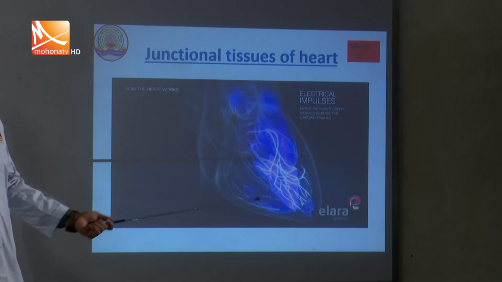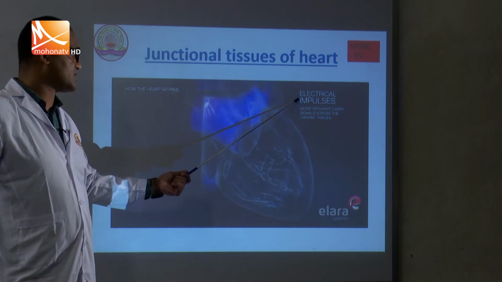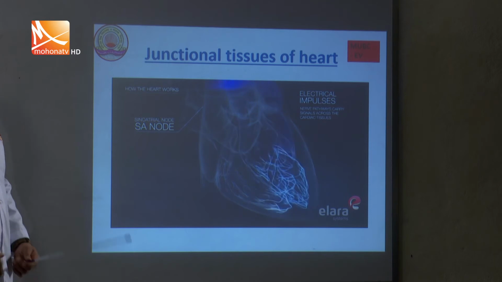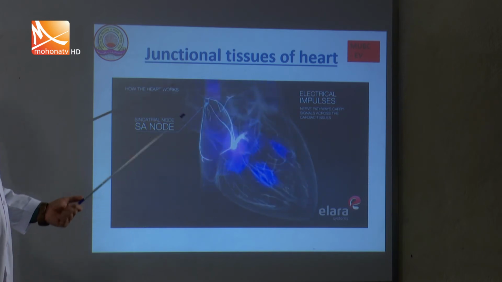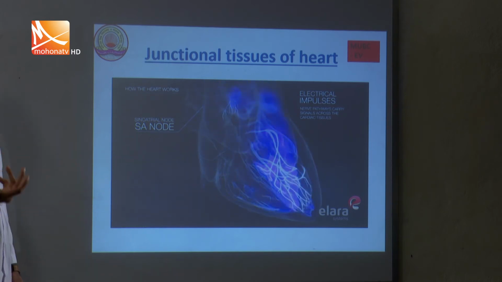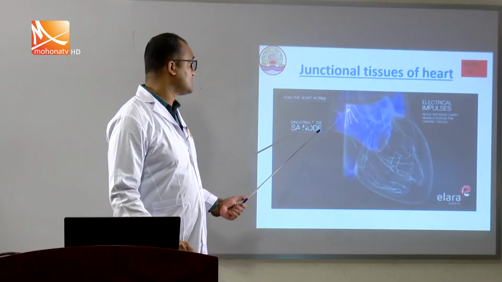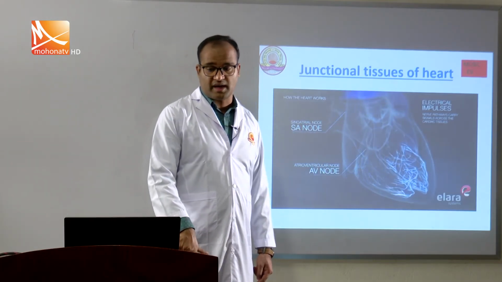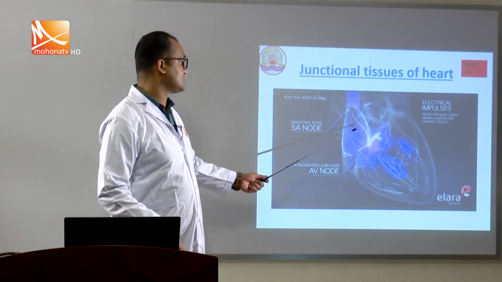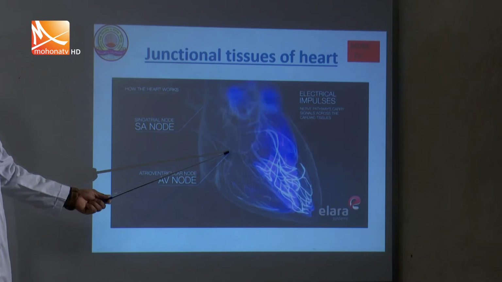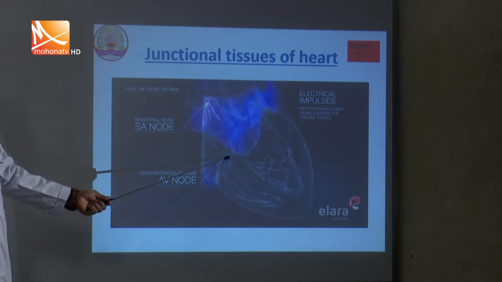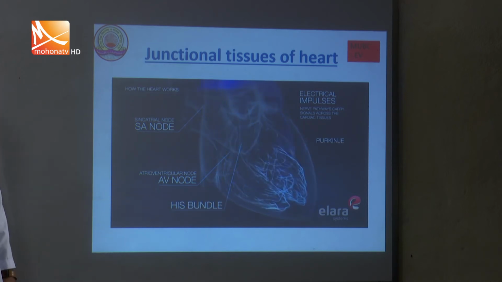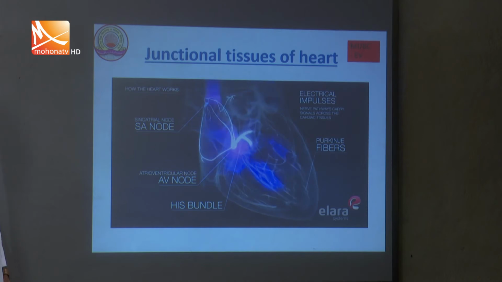The electrical pulses follow a path through the human heart. The first node that creates the electrical signal is the sinoatrial node, briefly called the SA node. The next node receives the signal from the sinoatrial node, and that is the atrioventricular node, the AV node.